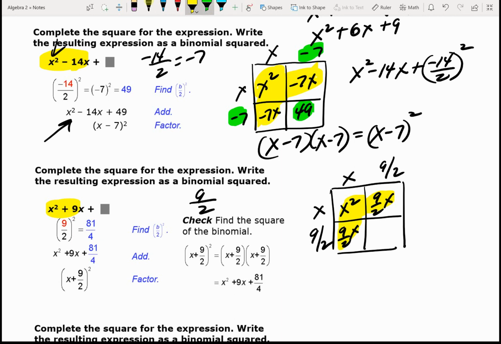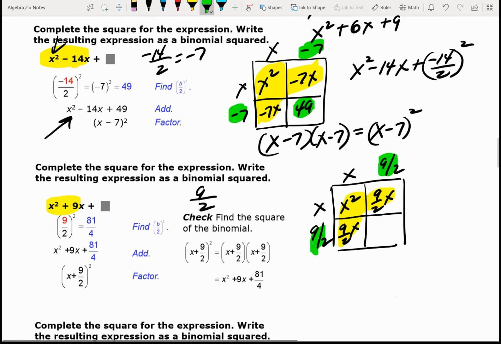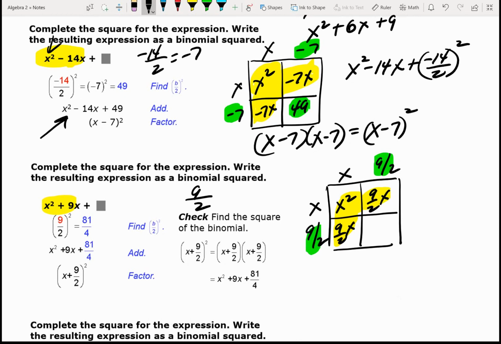But when I completed the square, what did I add here? Well, 9 halves times 9 halves is 81 fourths. 9 times 9 is 81, and 2 times 2 is 4. So I added 81 fourths.